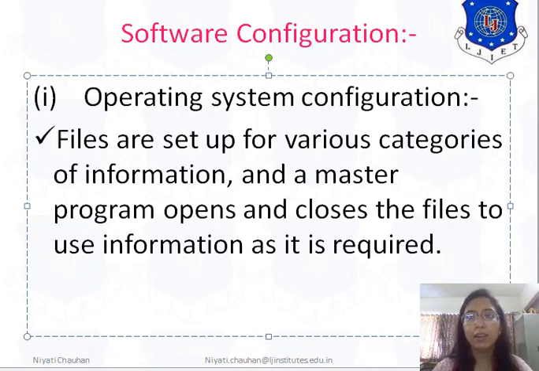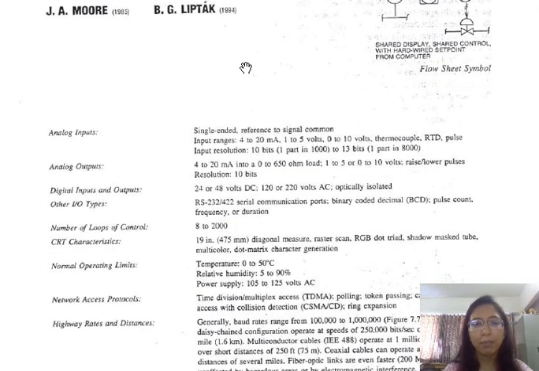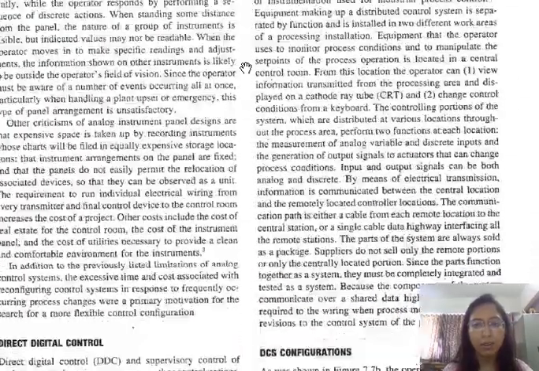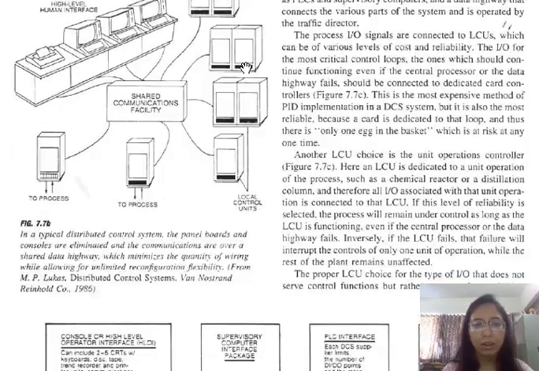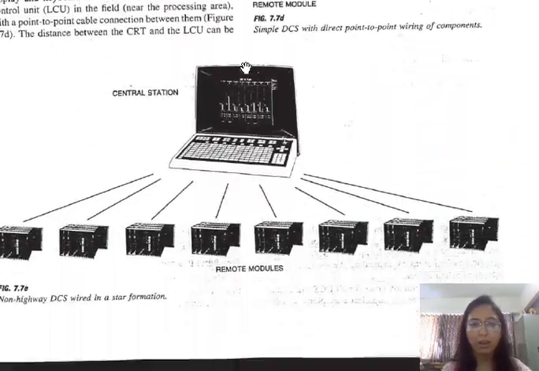So see that table. This is your chapter number 2, DCS basic packages. In this chapter, I have explained all topics, right?